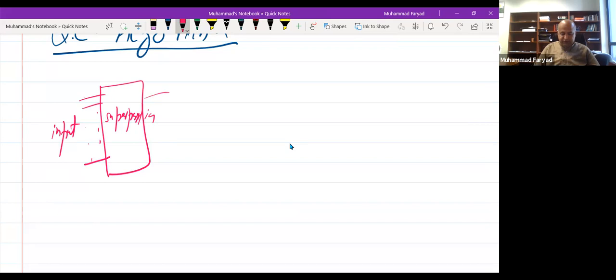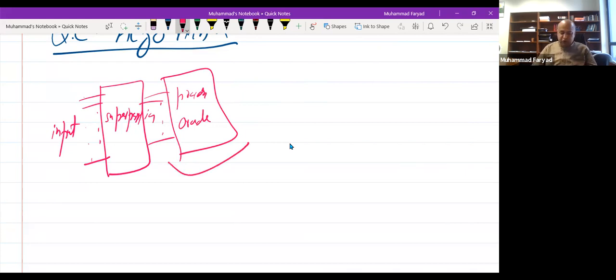And then we usually have a stage that does some processing. Maybe you access some oracle as well in this stage, and you might do it many times, maybe once, twice, or three times, or many more.